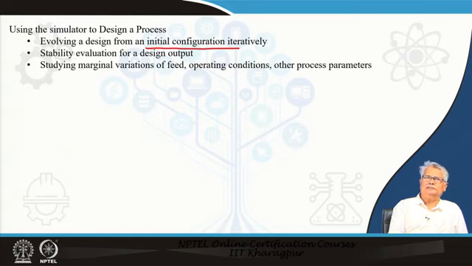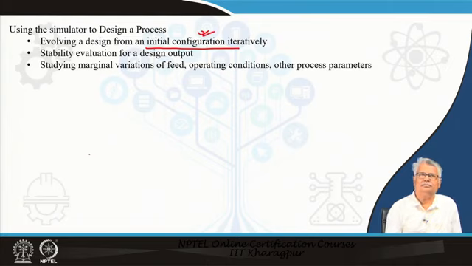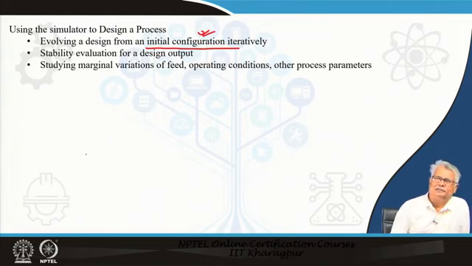So, your process goes for an initial configuration first, simulate the process, change the parameters of simulation, evaluate the result of the change, and improve the design iteratively. Normally, this is how simulators are used in a design process.